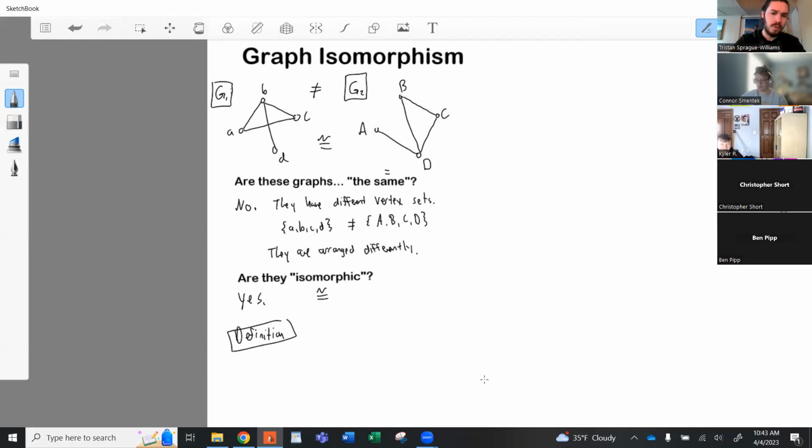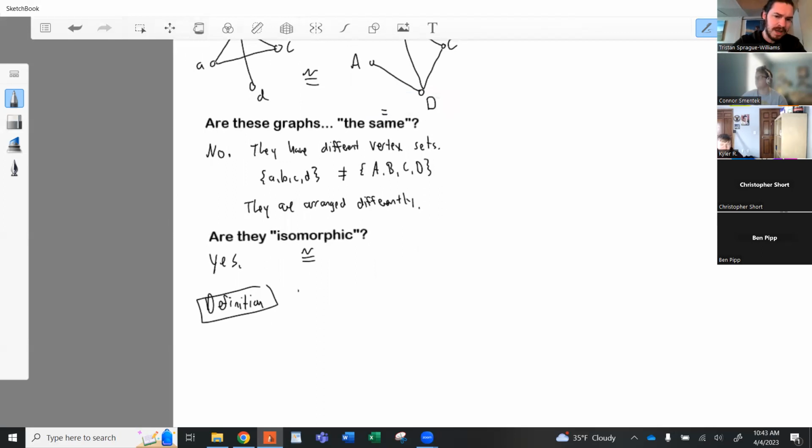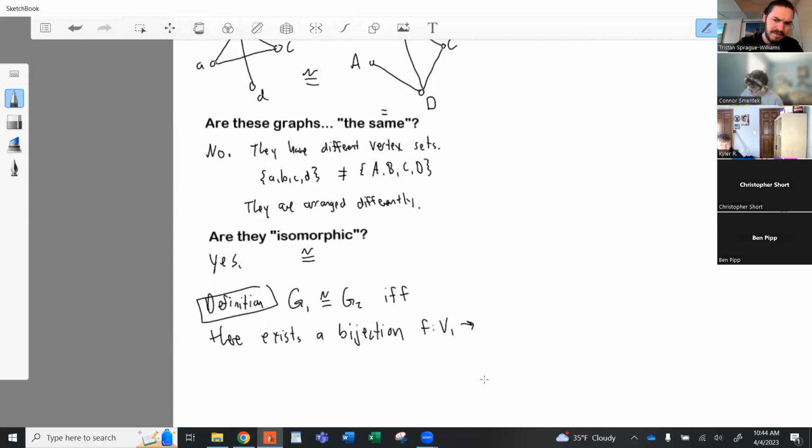That's isomorphism. The way we define it is that G1 is isomorphic to G2 if and only if there exists a bijective function, a bijection f from the vertex set of G1 to the vertex set of G2.